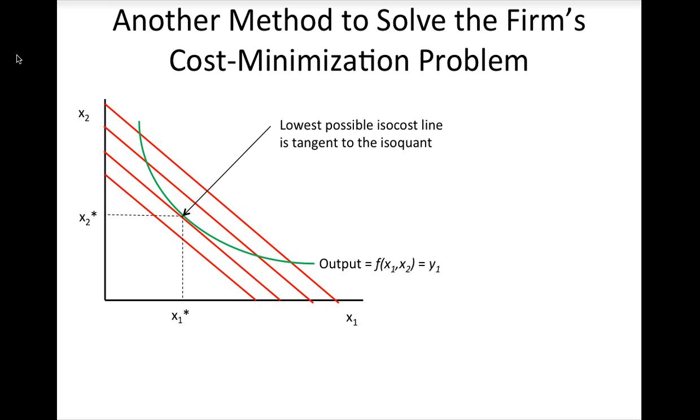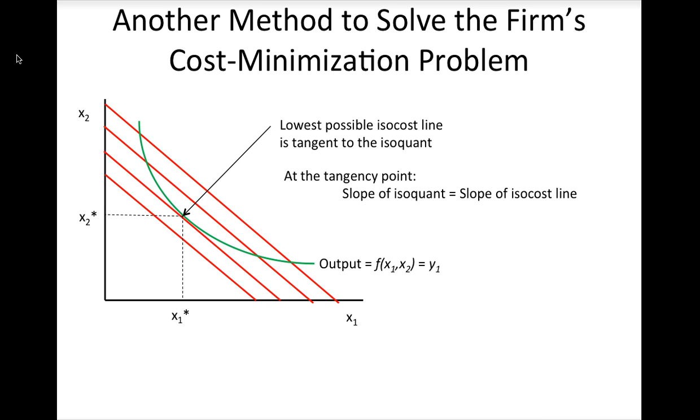There is one other method that we can use to solve the firm's cost minimization problem. This method takes advantage of the fact that at the cost-minimizing input combination, the isoquant is tangent to an isocost line. This means that at this point, the slope of the isocost line and the slope of the isoquant are the same.